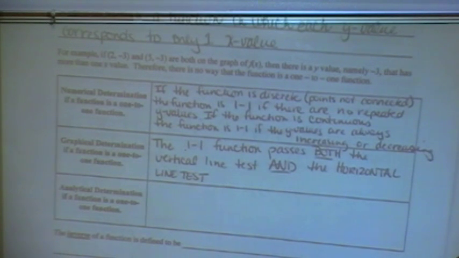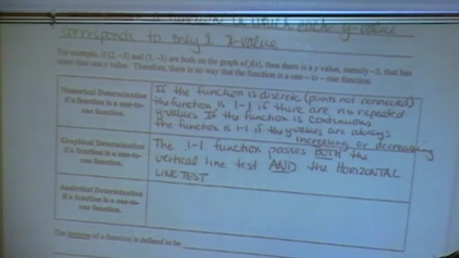In order to be a one-to-one function, it will pass both a vertical line test and a horizontal line test. So, example again, quadratic passes the vertical line test, fails the horizontal line test.